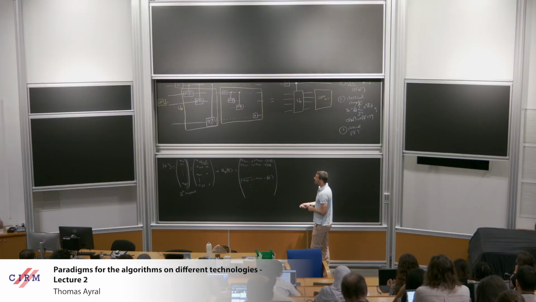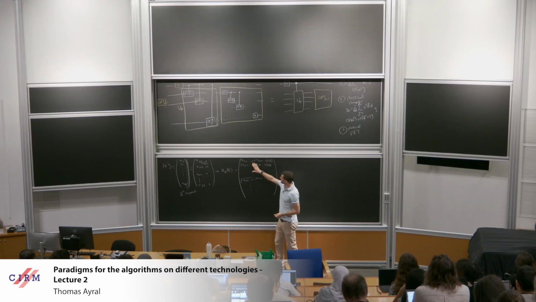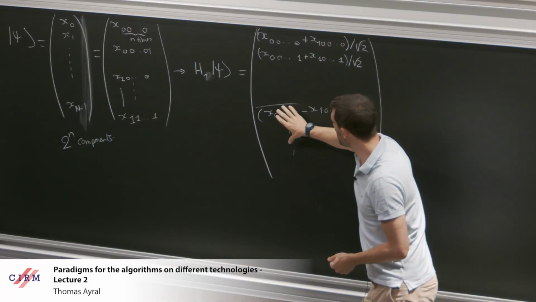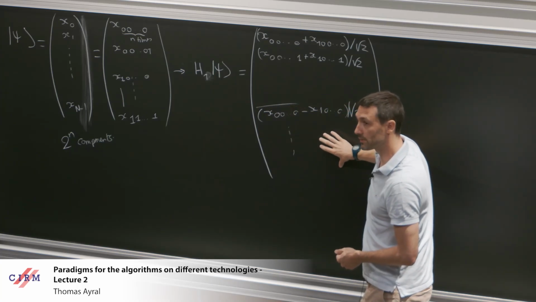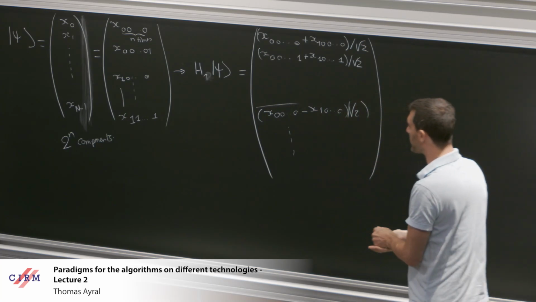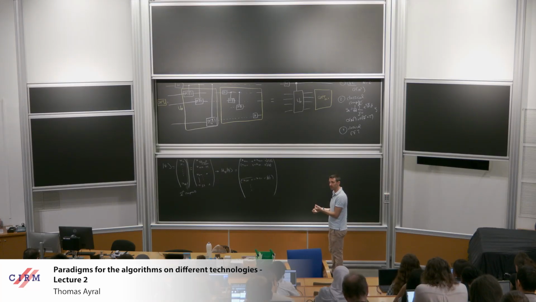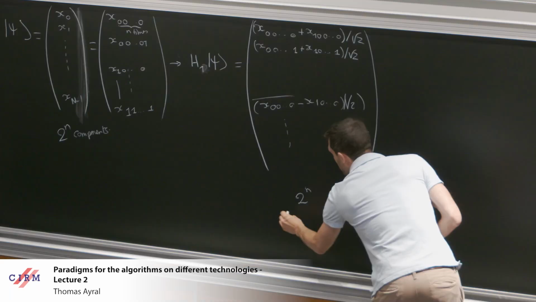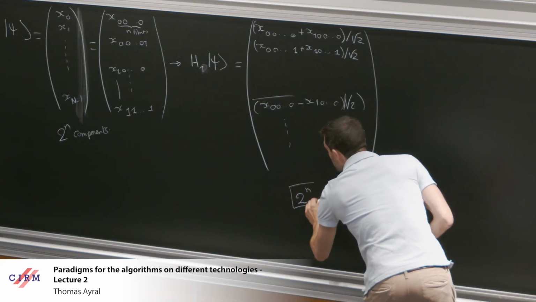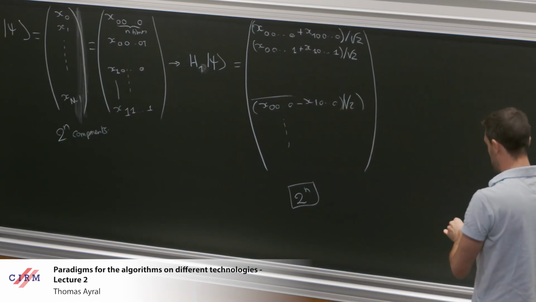The wave function you obtain is obtained by summing the first half of the components with the lower half, and here subtracting the first half with the lower half for this part. And now if I count how much it costs me in terms of classical computations, I have to do 2 to the power n additions, right? So this is the price of this Hadamard gate if I do it on a classical computer.